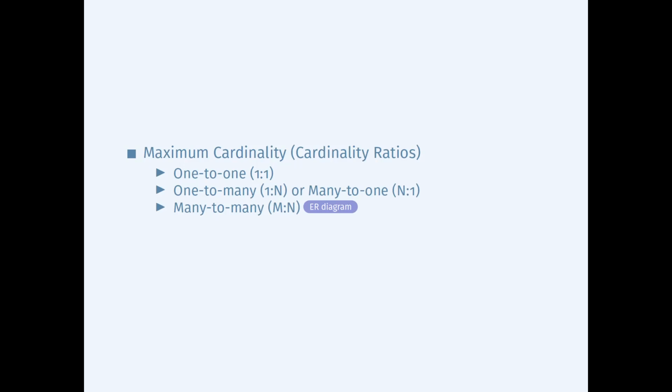And a university has one vice chancellor. It's one-to-one. Then the second one is one-to-many. So when you say one-to-many, for example, a department can have many employees, but an employee works for only a single department. It's called one-to-many.